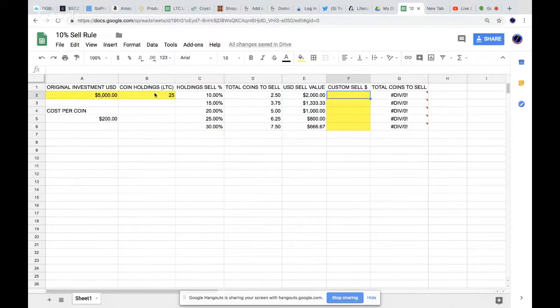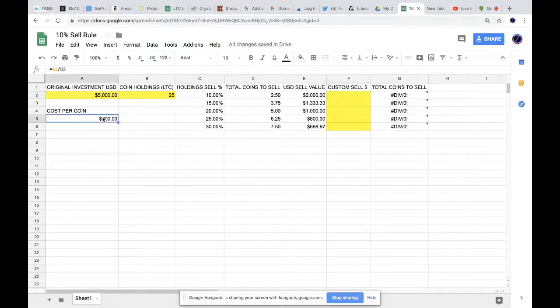You could keep it on Google if you have Google. And when it comes time, when we're back in a bull market, numbers are going up, prices going up, and you're looking to get back your original investment, it would be a good idea to take some of these numbers into consideration.